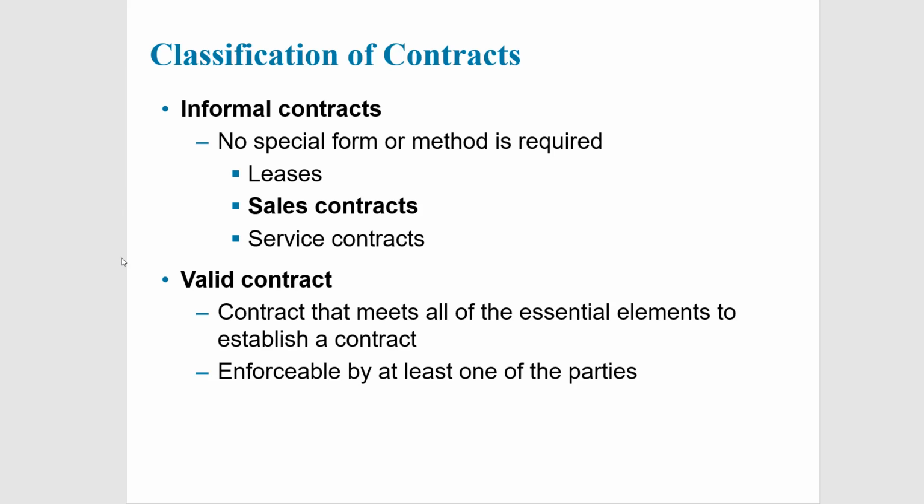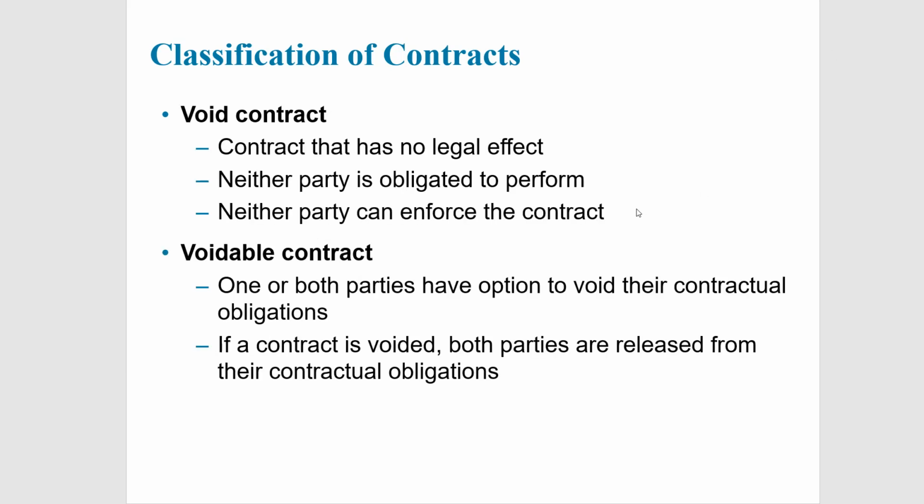Another way of describing contracts is as valid, void, voidable, and unenforceable. A valid contract, everything is in place, it's legally enforceable, and we're all good. Void means that it has no legal effect at all whatsoever. So if I bought stolen goods from somebody, even if I have a contract, the original owner of those stolen goods has the right to come back and get those goods.